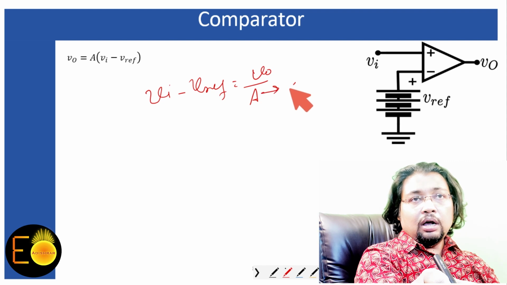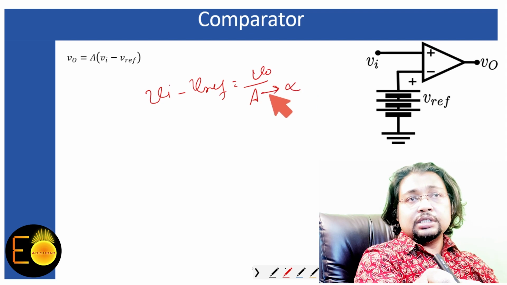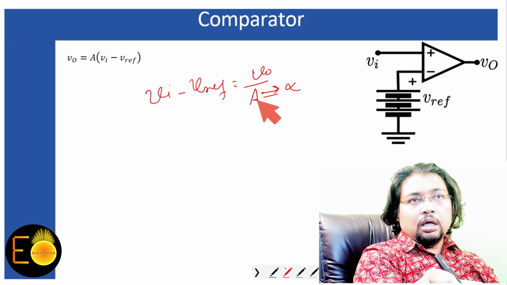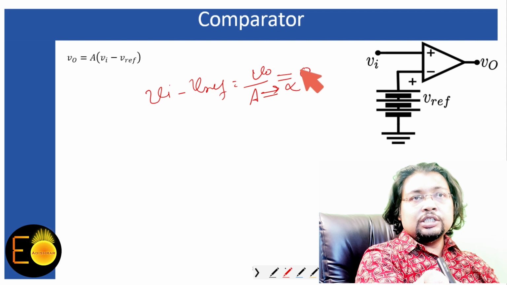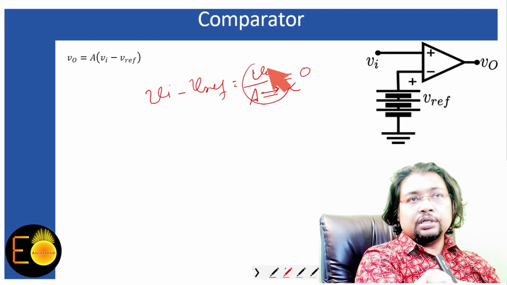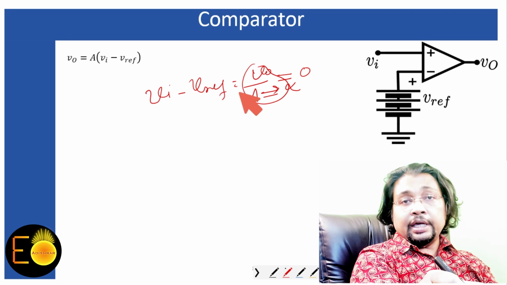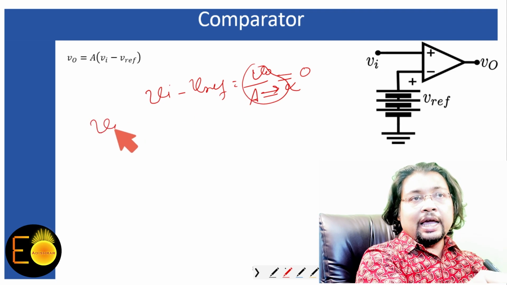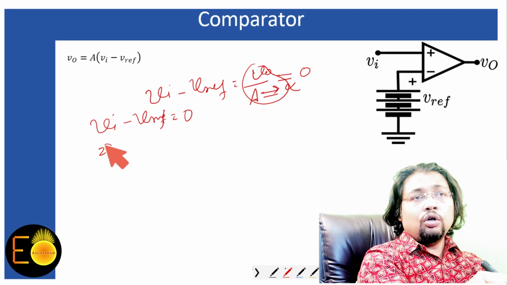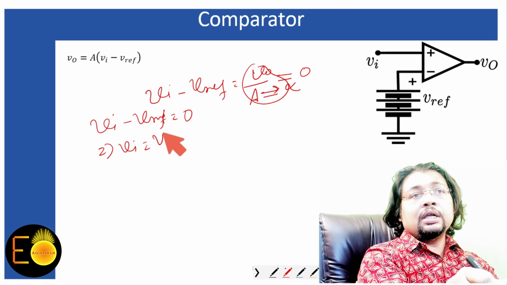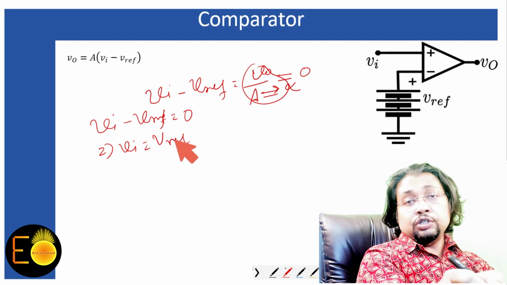Now, for an ideal operational amplifier, A does not tend to infinity, it is equal to infinity. If so, then V naught divided by A goes to 0, and we can directly write that Vi minus Vref is equal to 0, or in other words, Vi is equal to Vref.